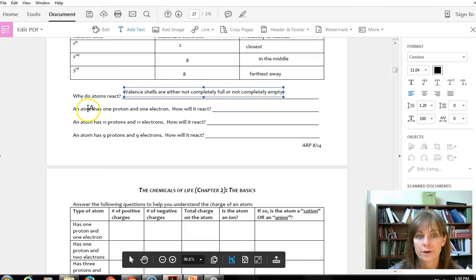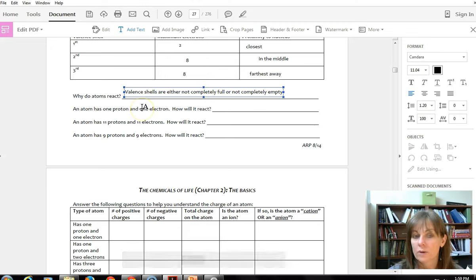So let's look here. If we just care about 1 electron, where do we put this? We would put this in the first shell. And what's the maximum that can hold? Well, it can hold a maximum of 2 electrons. So is it completely full? No. Is it completely empty? No. So how will it react?